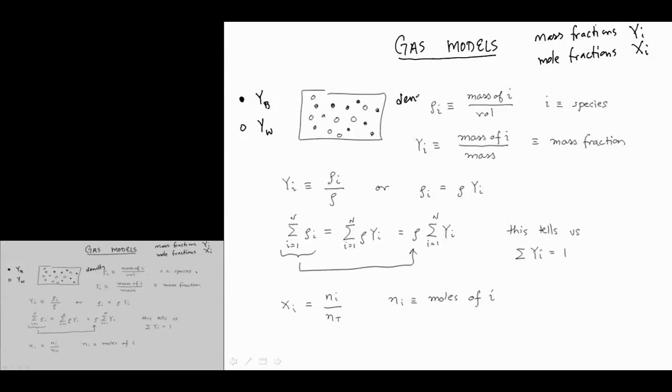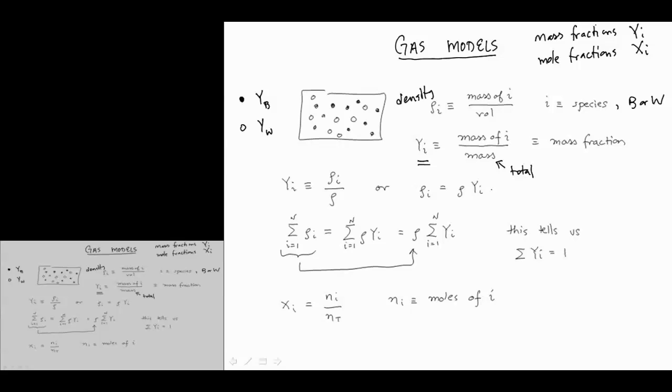This can be, again, B or W. Y sub i now is the mass fraction, the mass of i over the total mass. It's evident that Y sub i is just rho i over rho, or that rho i can be written in terms of the overall density times Y sub i.